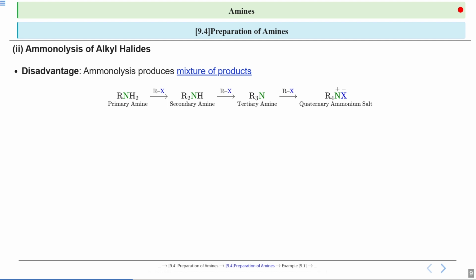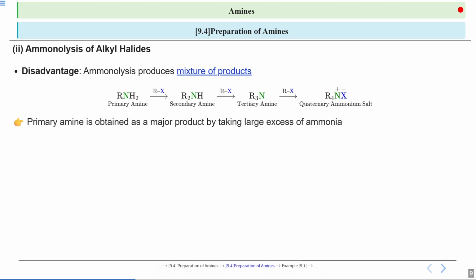So you can see that each step adds another alkyl group. Here we have only one alkyl group, here 2, here 3 and here 4. So each step is adding another alkyl group, and we get a mixture of products. Unless we control the reaction conditions, we will get such a mixture of products. So this is the main disadvantage of ammonolysis.